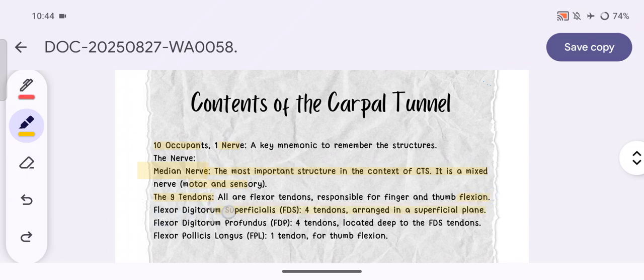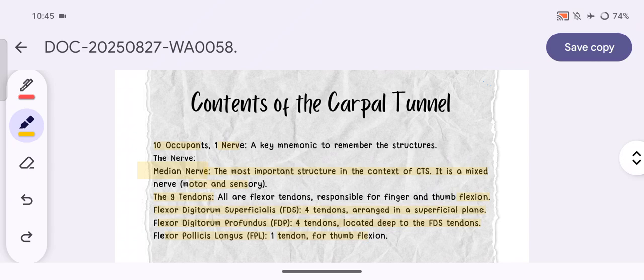Flexor digitorum superficialis: there are four tendons arranged in a superficial plane. Flexor digitorum profundus: there are also four tendons located deep to the superficialis tendons. Now flexor pollicis longus: one tendon for thumb flexion. So 9 tendons present.